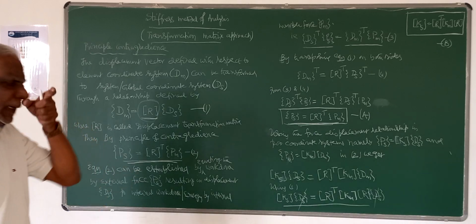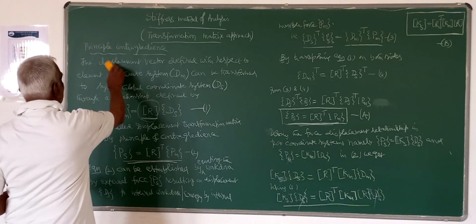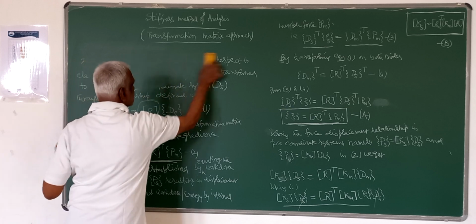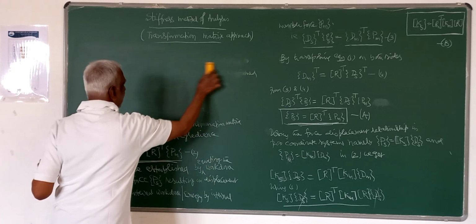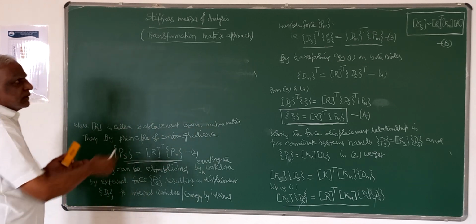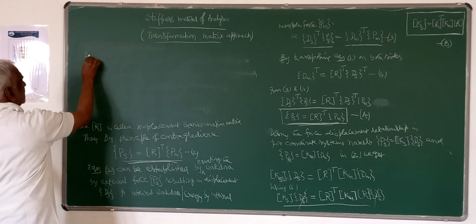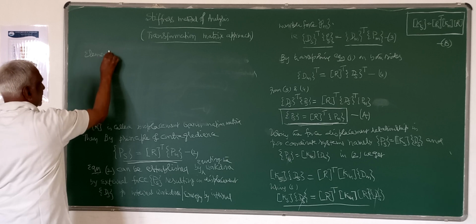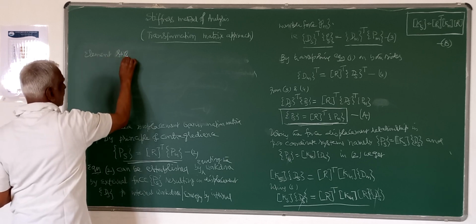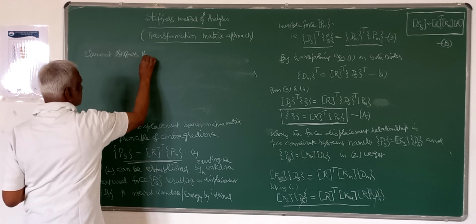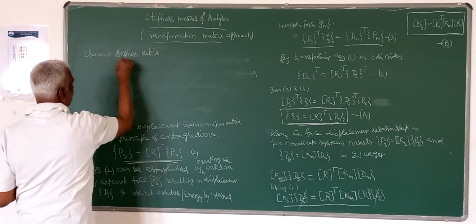So this much theory you have to remember, and of course in addition to this theory, you have to remember the element stiffness matrix. That also I have derived, and that also you have to remember. The element stiffness matrix which we have developed.